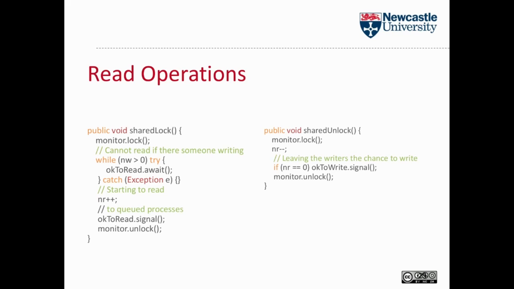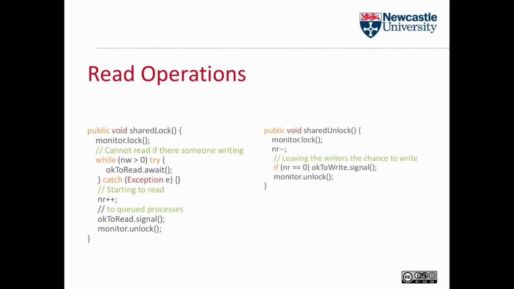So what is the rationale of this straightforward implementation? You have a lock and an unlock down below. When placing the shared lock, at the very beginning you check whether there is at least something which is trying to write.